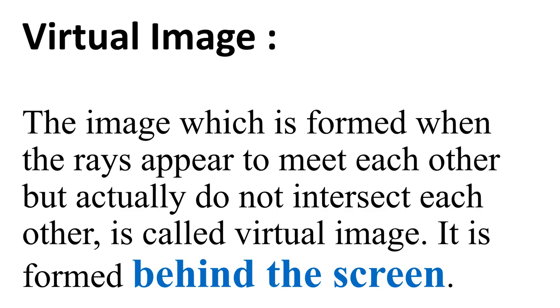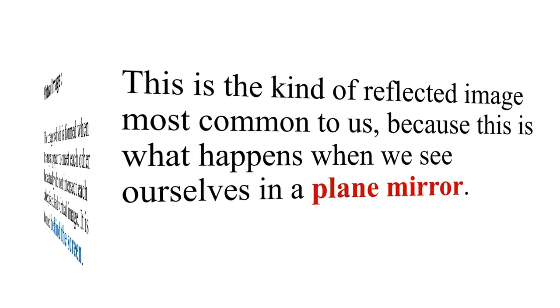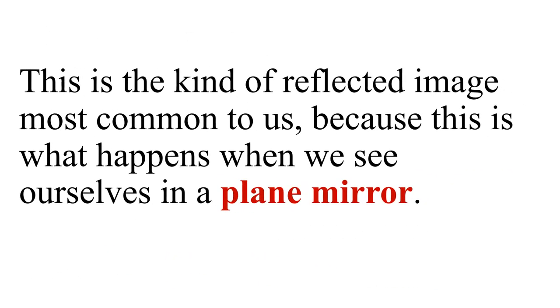It is formed behind the screen. This is the kind of reflected image most common to us because this is what happens when we see ourselves in a plane mirror.